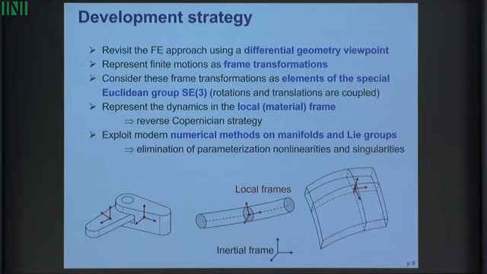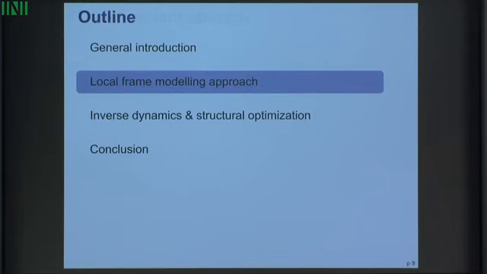And so we decided to explore this approach, to represent all the dynamics in the local frame and not in the inertial frame. And I will try to show you that it gives quite interesting properties. And of course, then we exploit the discretization schemes on Lie groups and manifolds.